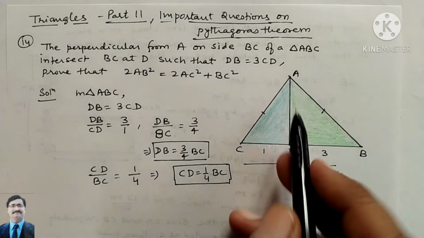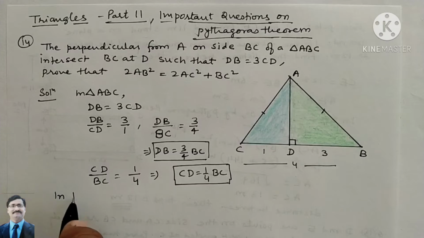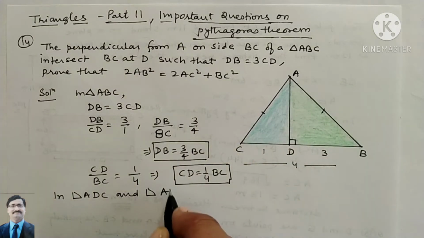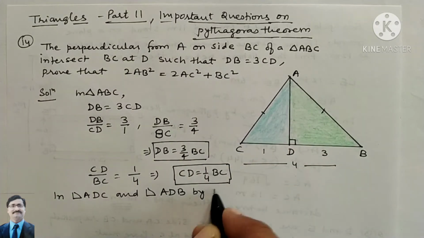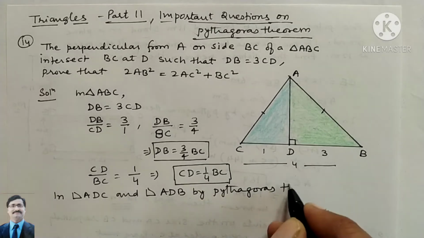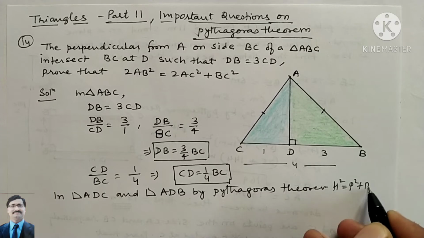Now we have a triangle ADC. In right triangle ADC and right triangle ADB, by Pythagoras theorem we can write hypotenuse square equal to perpendicular square plus base square.